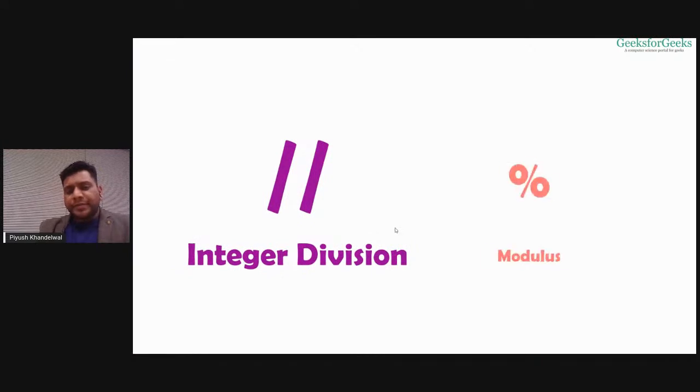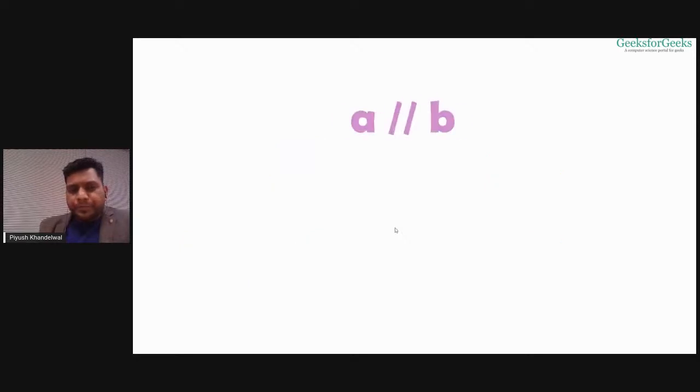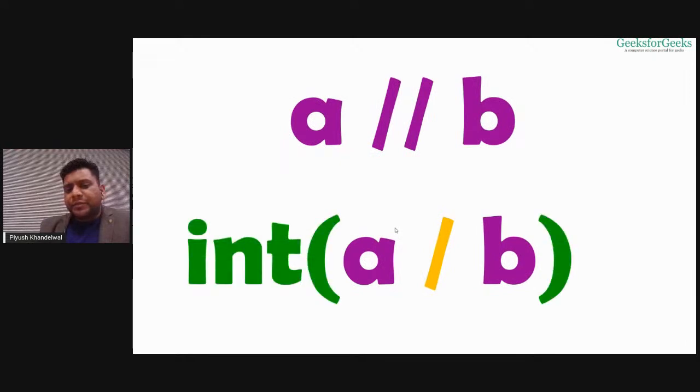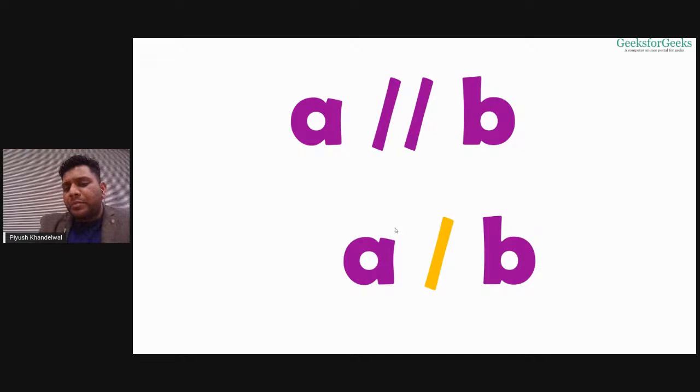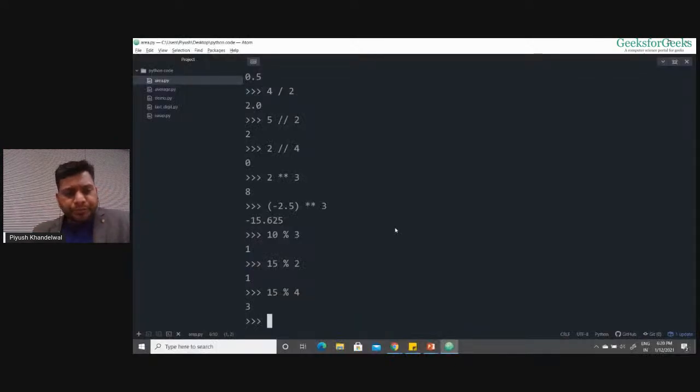Now we know that there is addition, subtraction, multiplication, and division. But two new operators are there, which are integer division and the modulus operator. Now I'll show you that these operators can be easily achieved with the help of other operations. If I'm doing integer division, I can simply perform the float division and use the function int, which is provided by Python. It will give me the same result. Let me show you.